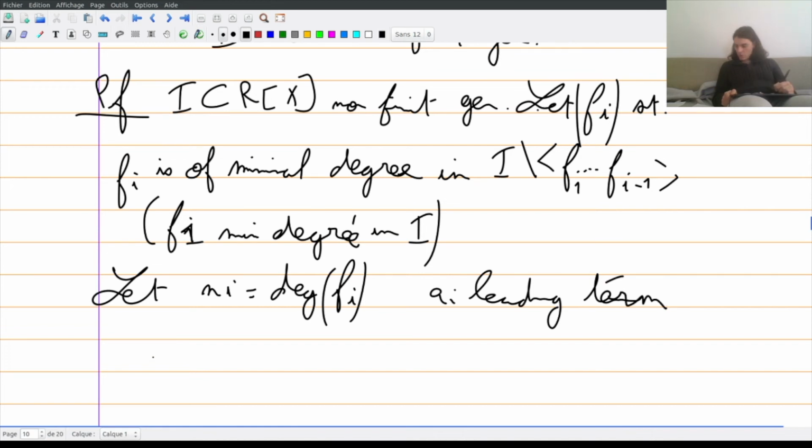So of course, by construction, they are in ascending order.